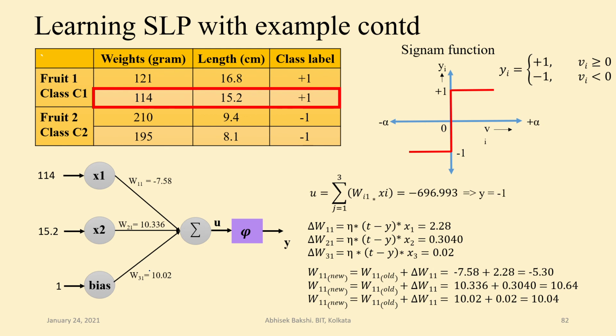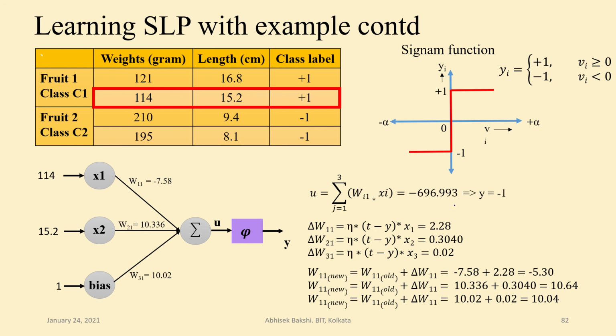And how can we use these values? We can use them for the next pattern, because next time when the loop runs again, I will take the second pattern, and it will follow the same way. But now W11, W21 and W31 have the new values, and depending on that we calculate and get some y again.